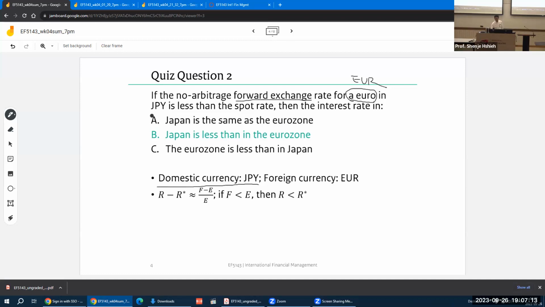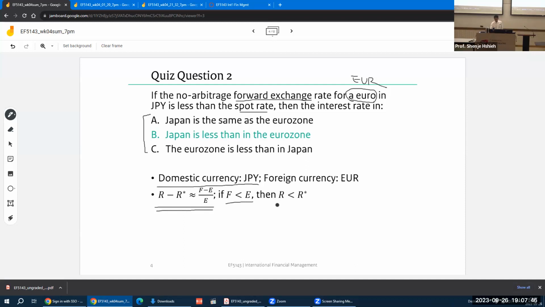All right, the options given are trying to determine the relationship between R and R star. Who has the greater interest rate? Well, that depends on the relationship between F and E. We know F is less than the spot rate, so F is less than E. Given the approximated CIP equation, if F is less than E, then R is less than R star.